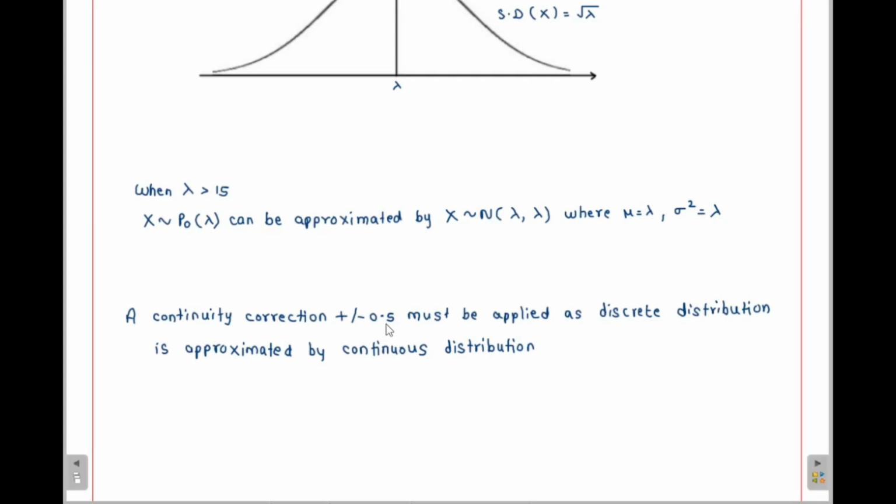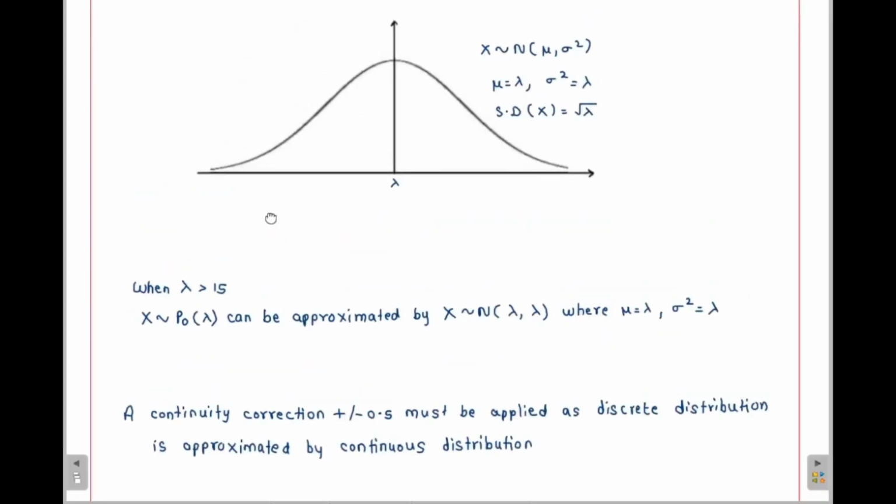Why are we doing this? Because we are approximating a discrete distribution with the help of a continuous distribution. In the next video, we will take examples on this concept to understand it more clearly.